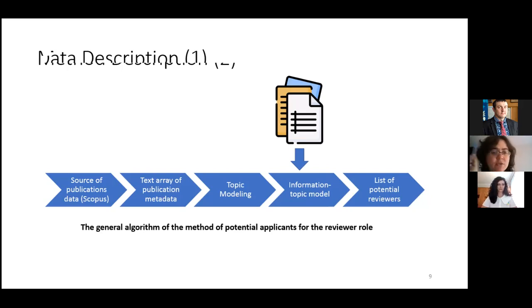After this, we need to extract a text array from our metadata, and we did some pre-processing stages. It's a classical approach, so we remove numbers, punctuation, stop words, and we did morphological analysis.